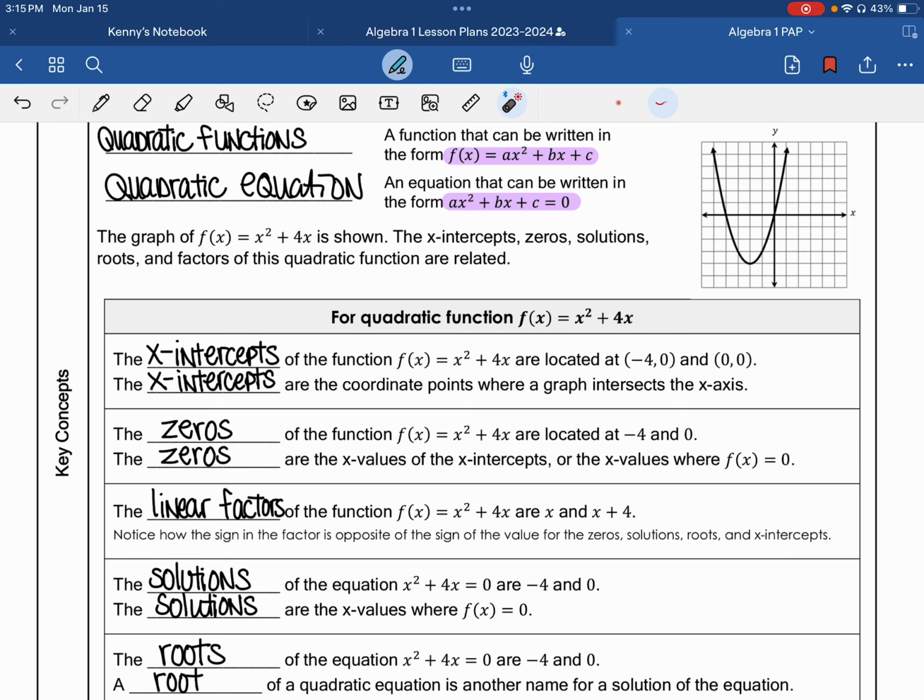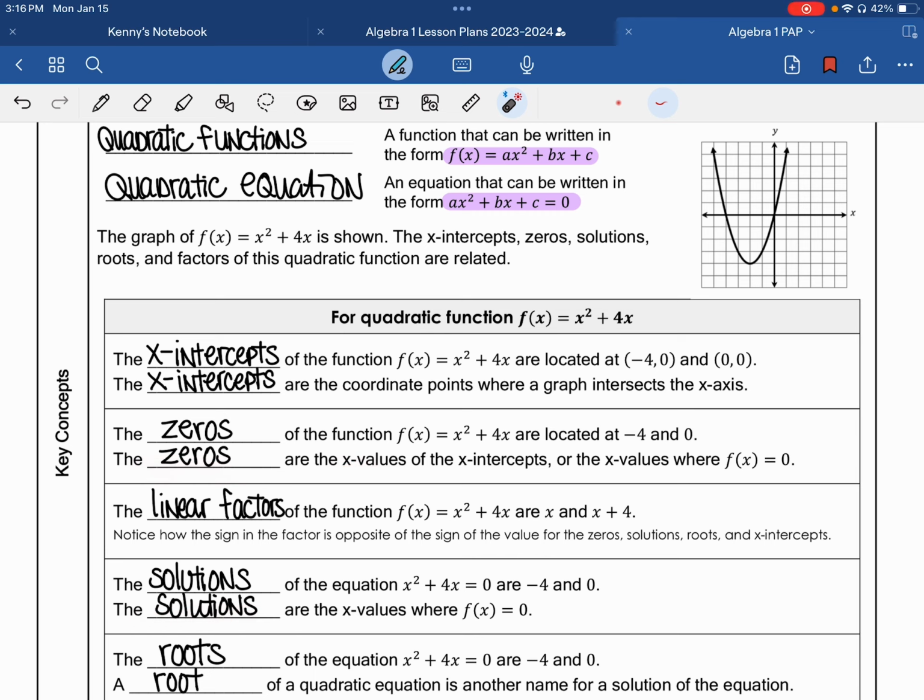The solutions are the x values where f of x equals 0. Notice we also said that the zeros are the x values where f of x equals 0. So solution is just another word for zero, which remember is just the x values of our x-intercepts.